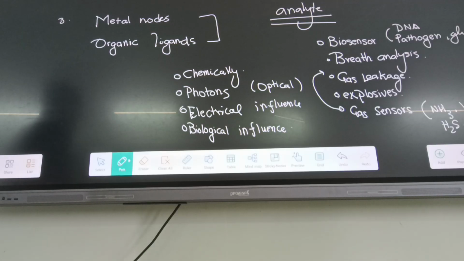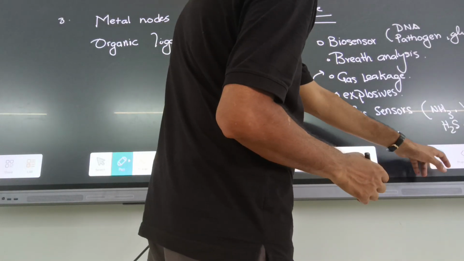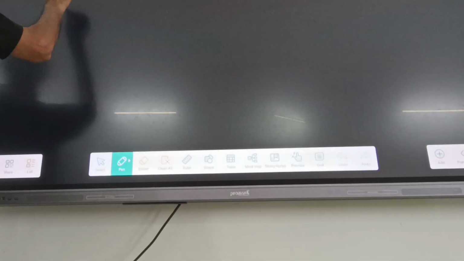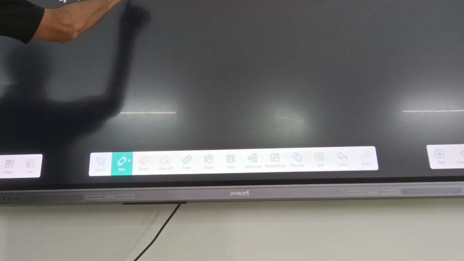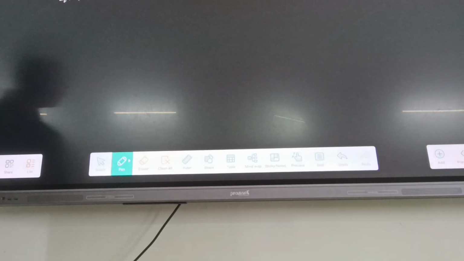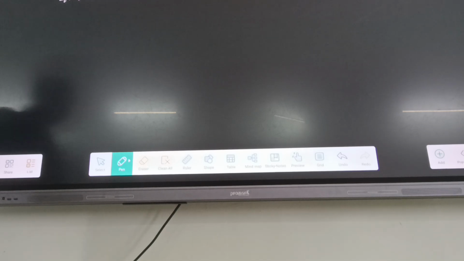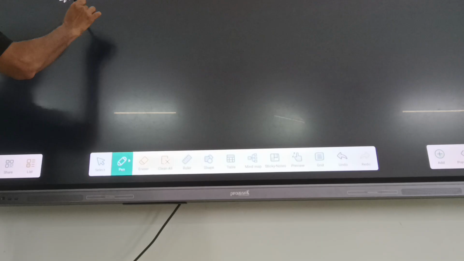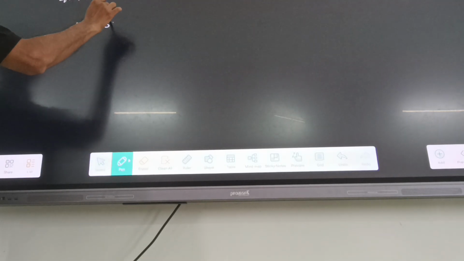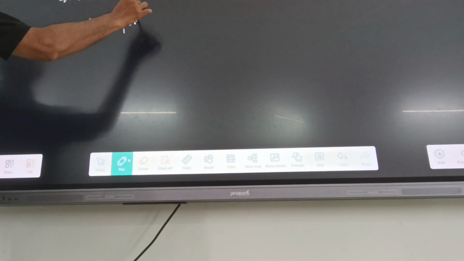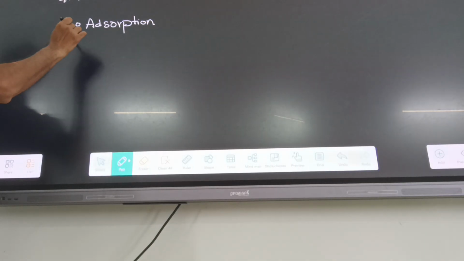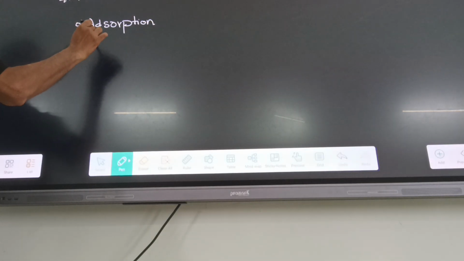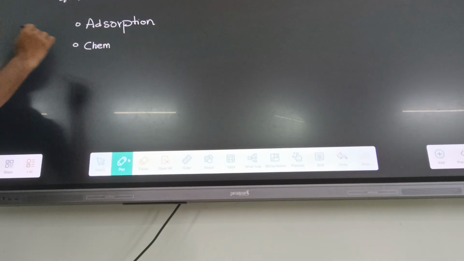Now let us come to the mechanism. How do they sense? There are basically 4 or 5 ways by which the MOF can sense. First of all is absorption. Second is impedance change.